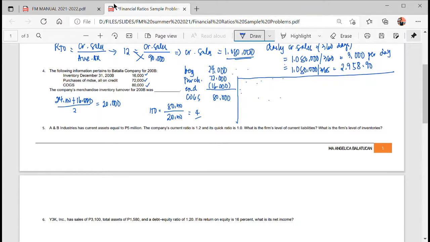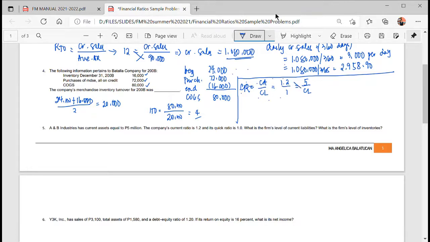So the current ratio, remember, is current assets over current liabilities. If the current ratio is 1.2, then that's 1.2 is to 1. Our current assets here is 5 million, so that is 5, and the question mark is our current liabilities.